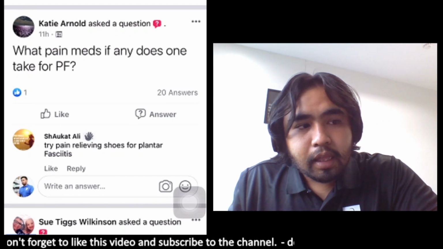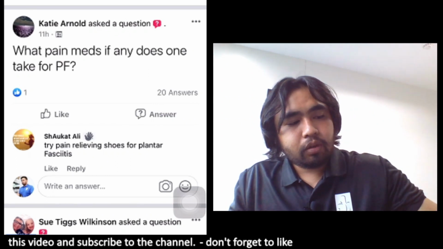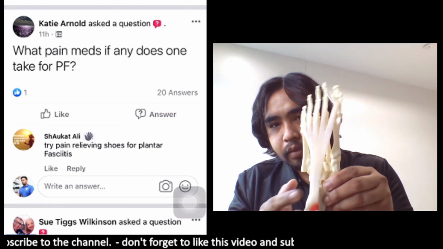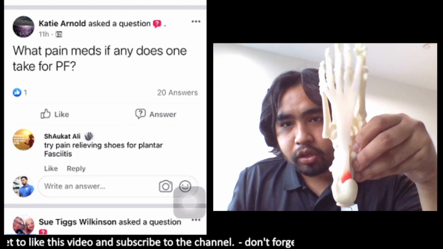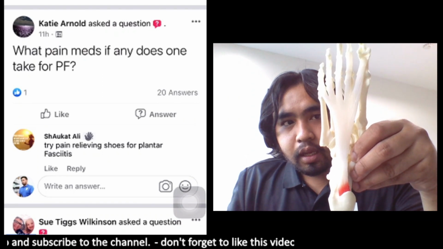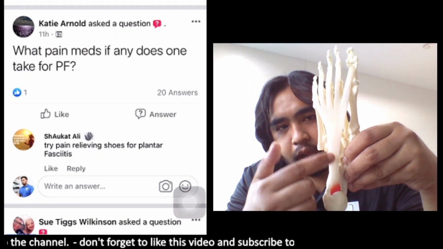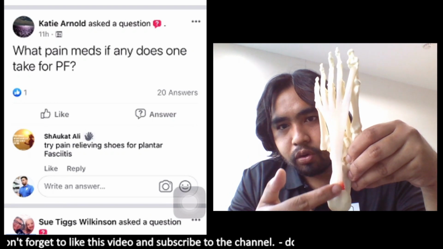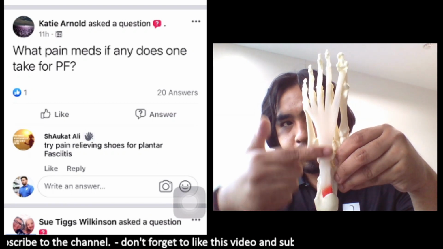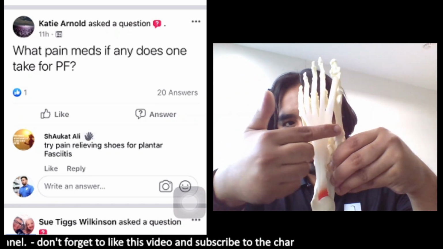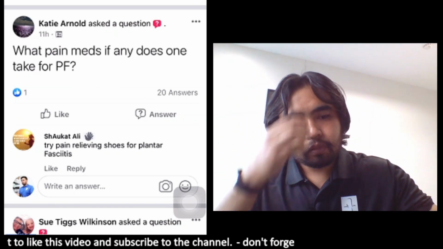So there will be collagen degeneration on your fascia, in which case it will create micro tears on your fascia, and you can have pain either from here all the way here or anywhere on this part.